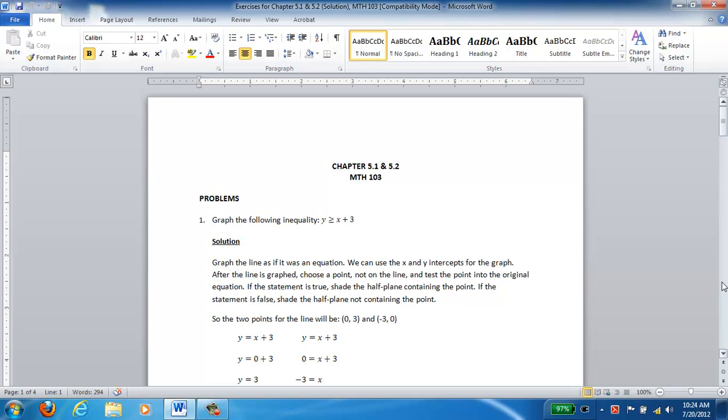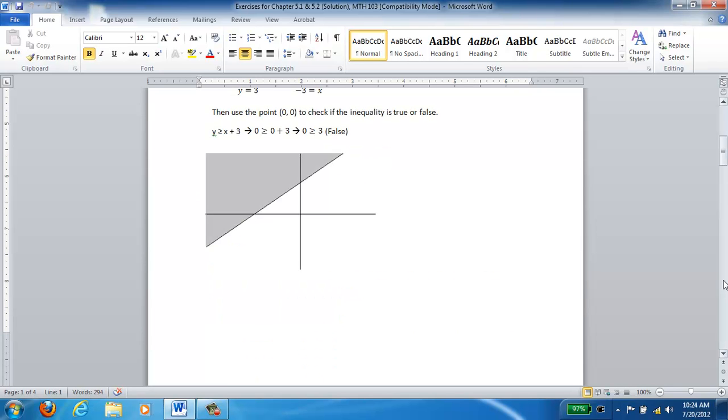You can graph this by using the same techniques we used to graph linear equations, finding the x and y intercepts as convenient points to form the graph. If we choose the points (0, 3) and (-3, 0) as our intercepts and then connect them, it forms the border region.